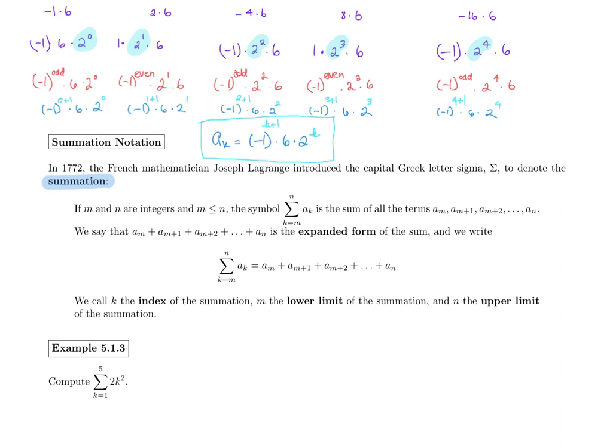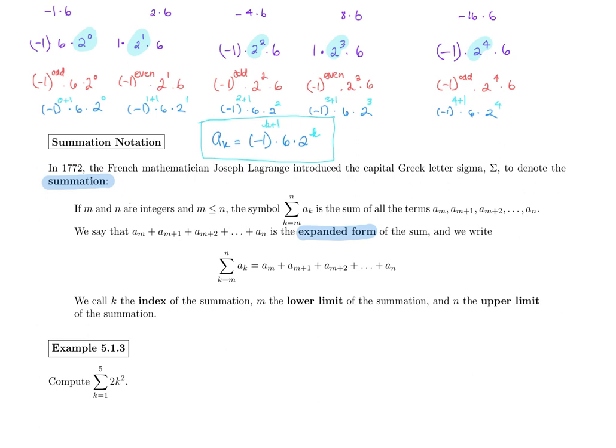So if we were to expand what that looks like, and funny enough, we call it expanded form, not a surprise. When we look at our expanded form, we would say then, let's add each of those terms, a sub m plus a sub m plus 1, plus a sub m plus 2, plus all the way up to a sub n.